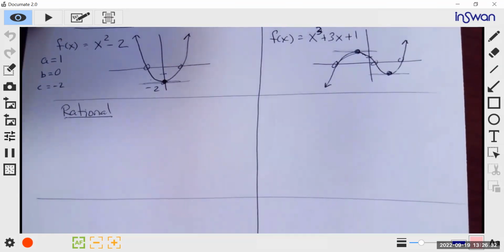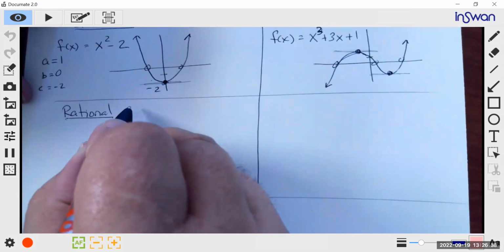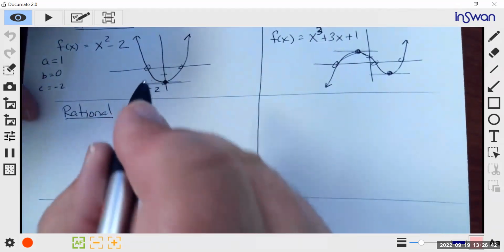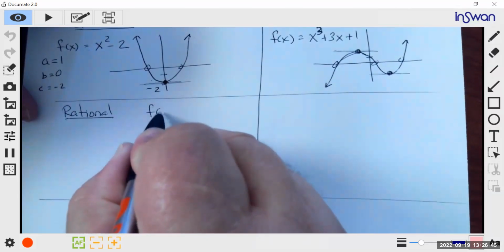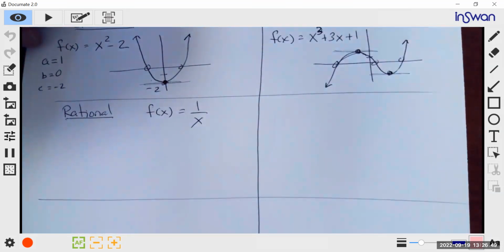Rational. What does rational mean? It means fraction. So an example of a rational equation is like that.